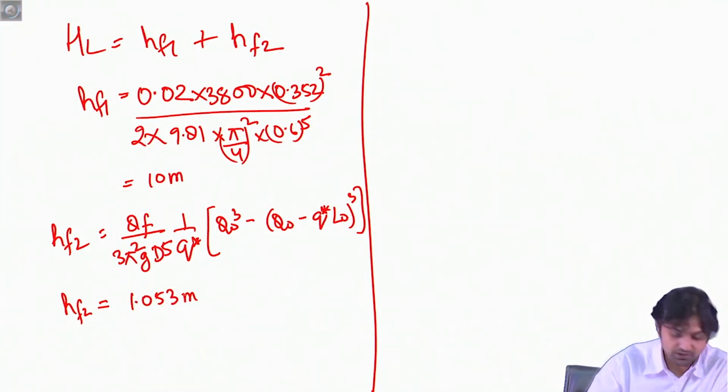Now the question is, what is the residual head at the dead end?